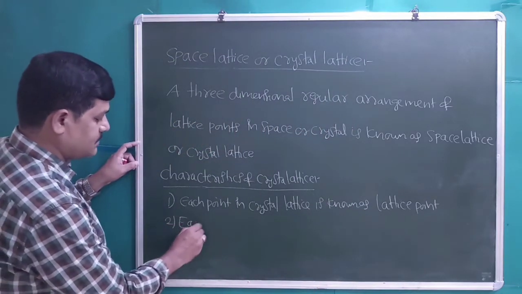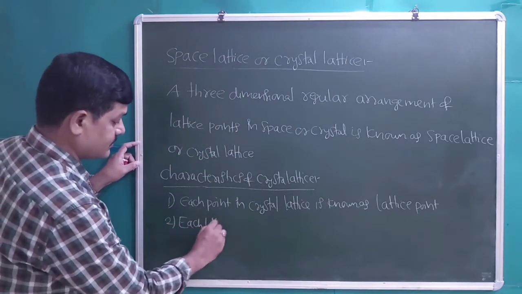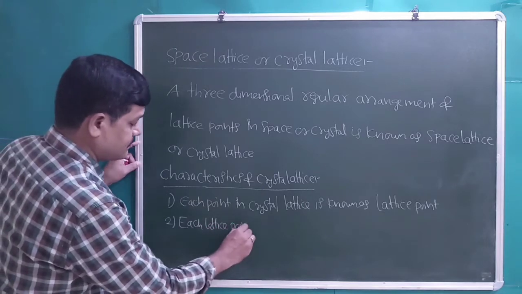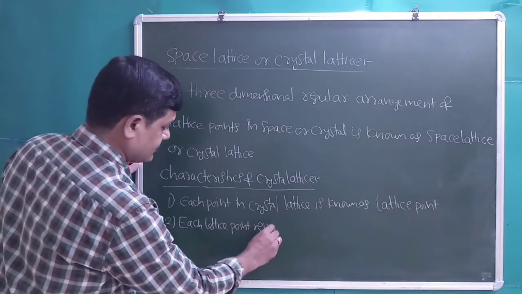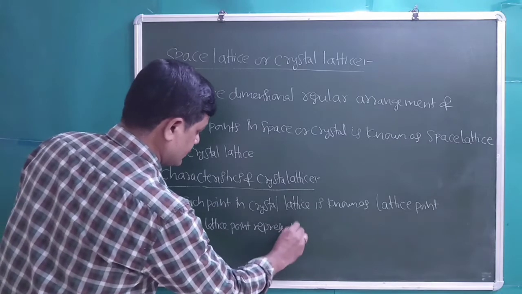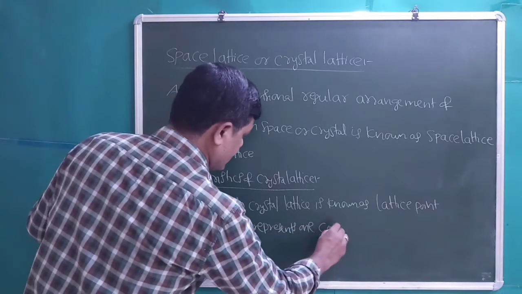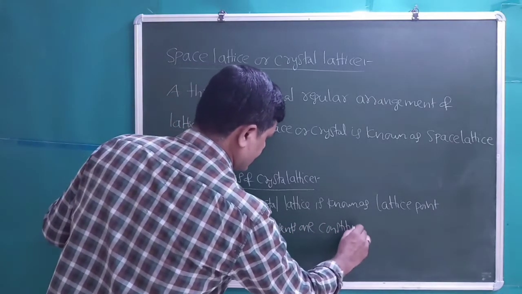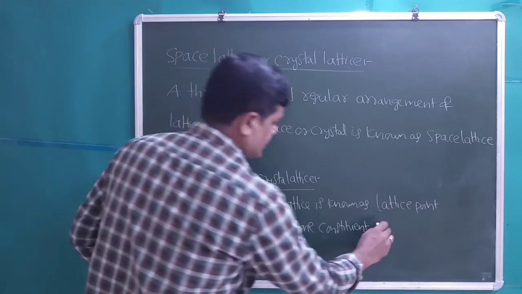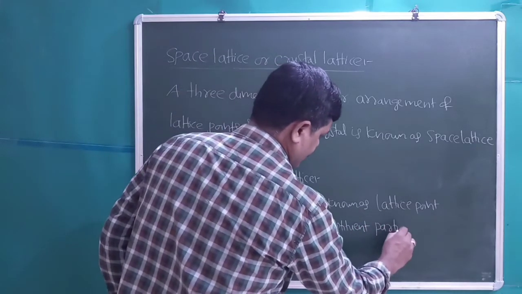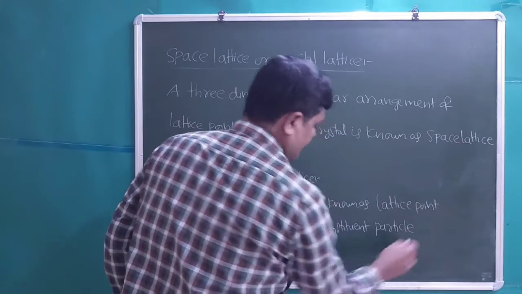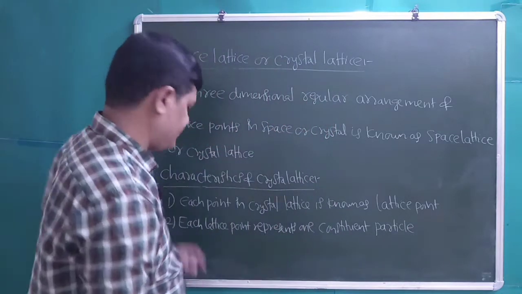Each lattice point represents one constituent particle. It may be an atom or ion.